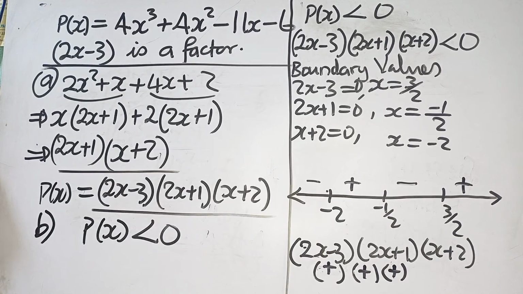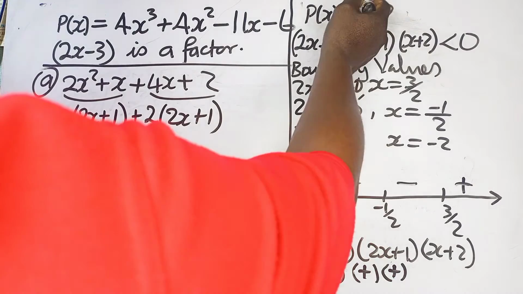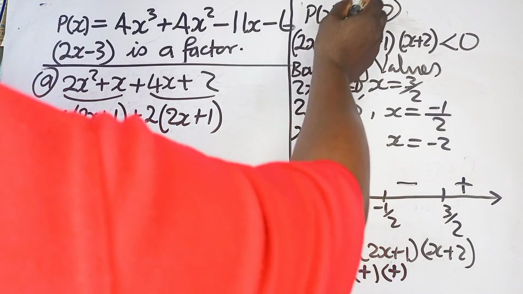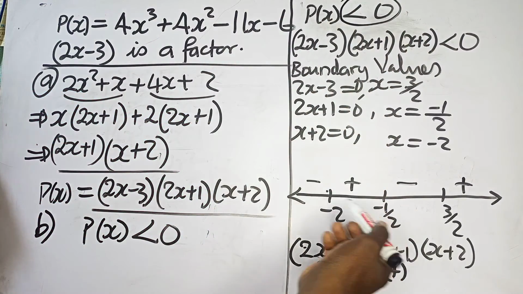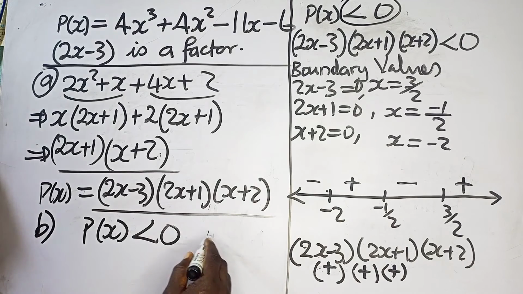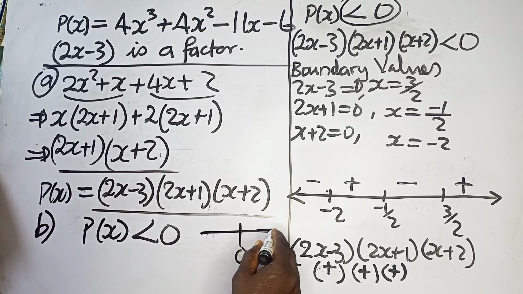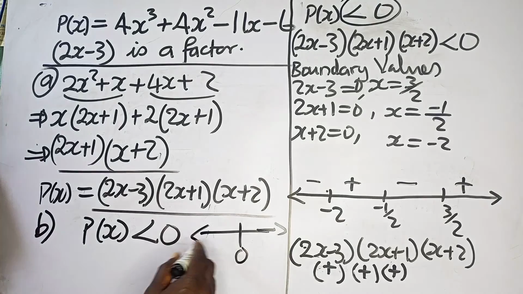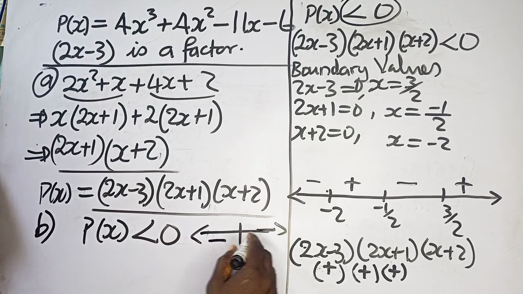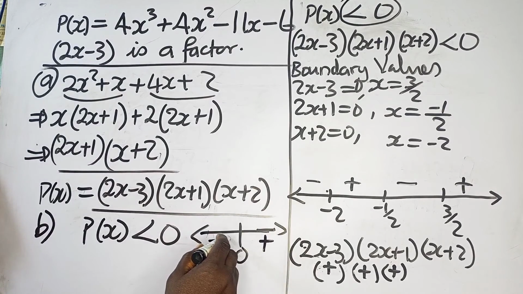Now, which of those zones will constitute our solution set, or part of our solution set? We'll go back to our inequality. Inequality says less than 0. Remember, less than 0. This is 0 on the number line. Less than 0 means negative. All right, values here are negative, values here are positive. So we're going to take the zones where we have negative.